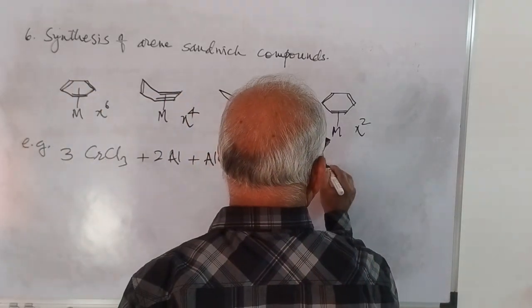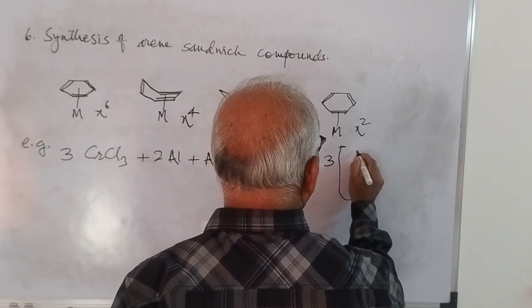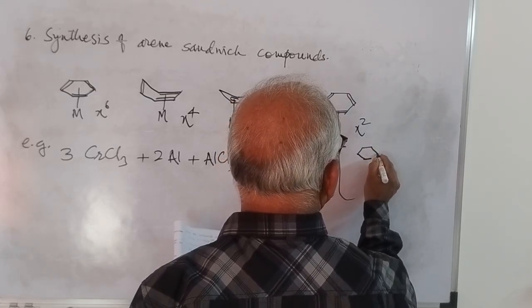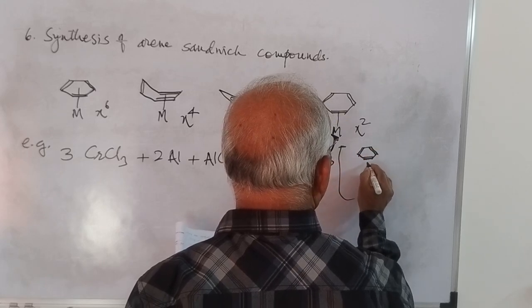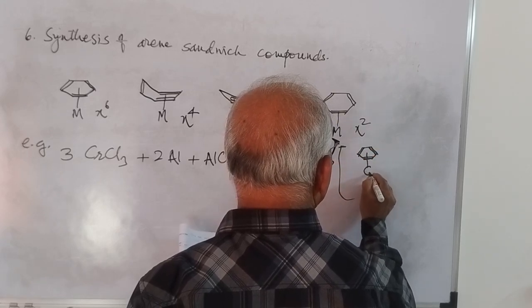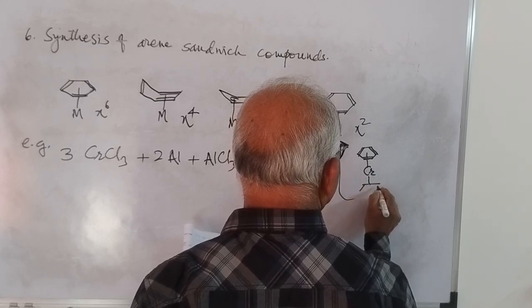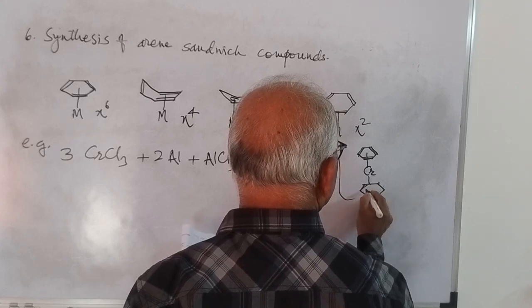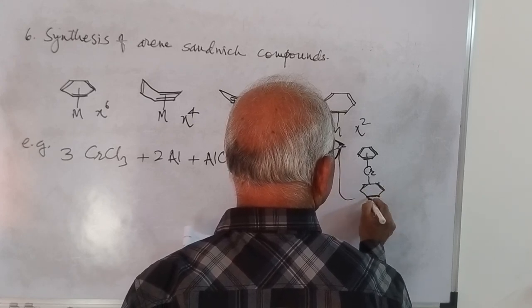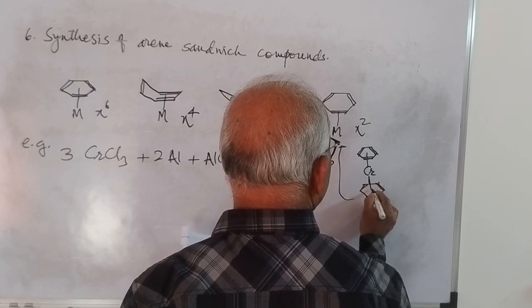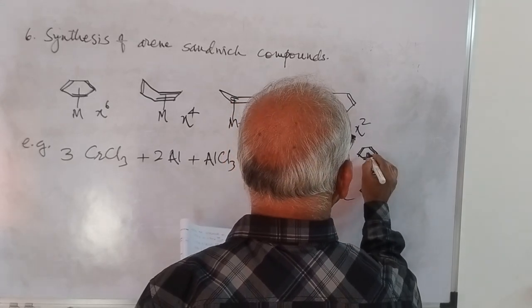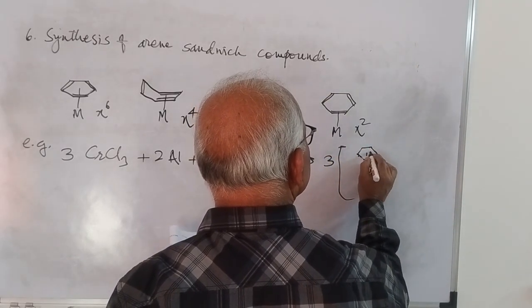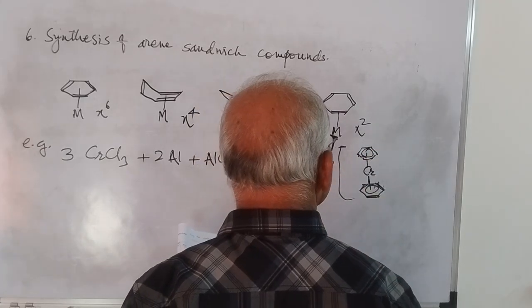So it gives a sandwich compound with attachment to this chromium, and we can show this pi electron cloud like this.